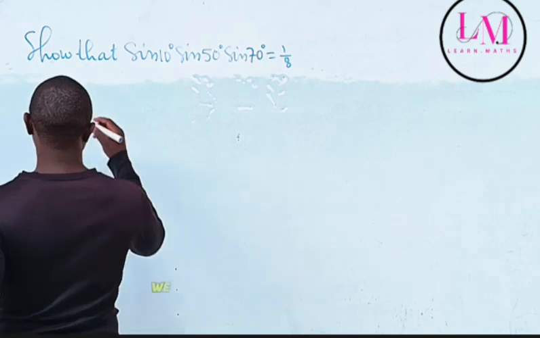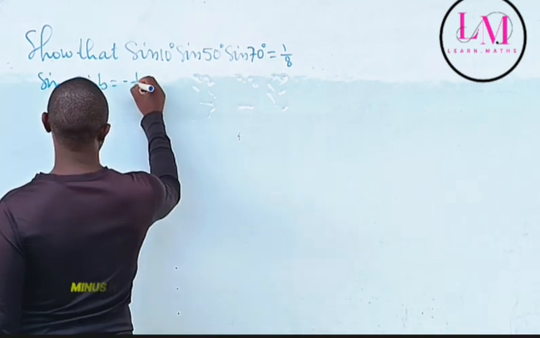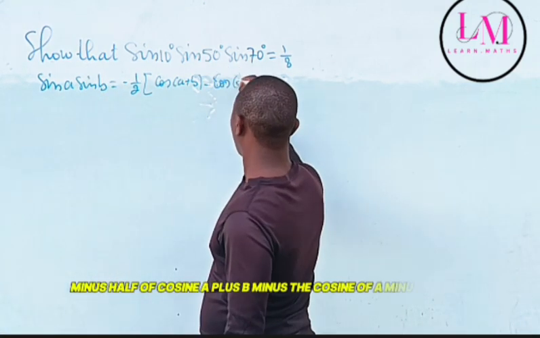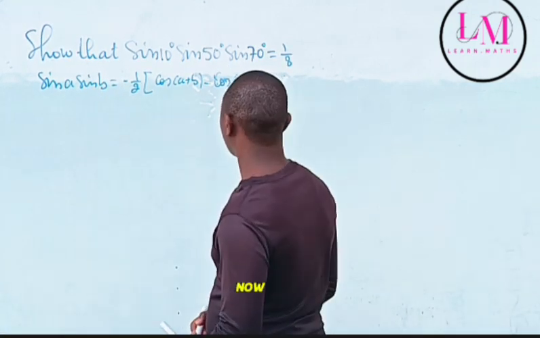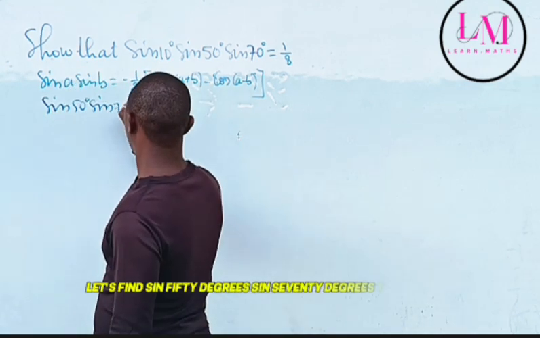Let's now start. We know that sine A times sine B is minus half of cosine of A plus B minus the cosine of A minus B. Now let's find sine 50 degrees times sine 70 degrees.